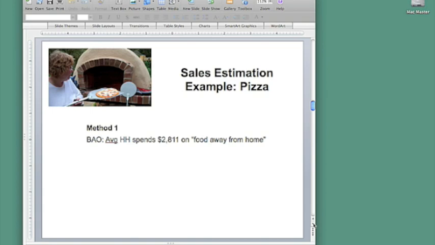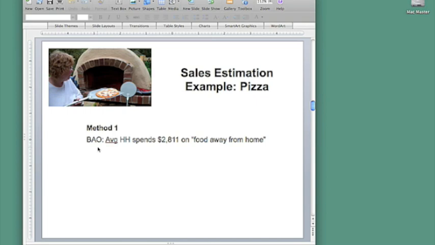And when talking about that, we'll use a specific example of a pizza restaurant located in my hometown of Tiverton, Rhode Island. Now, one method might be to look at Business Analyst Online, and that's what this BAO here stands for. And in the average retail expenditures report that you could get, once I've determined what my drive time polygon area is, I could find out, for example, that the average household spends a little over $2,800 a year on food away from home.